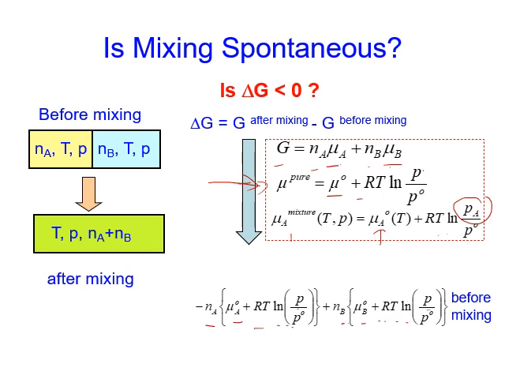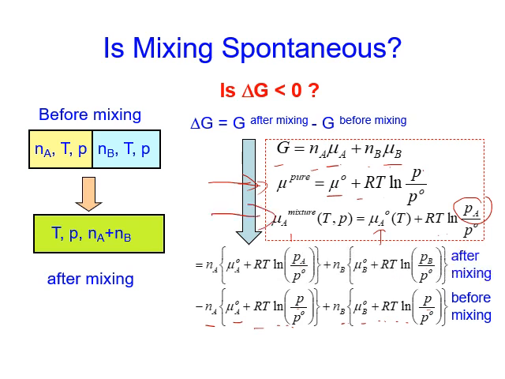Now, after mixing, it's a mixture, so we are going to use the third equation. The equation looks similar, but the pressure is the partial pressure of A and the partial pressure of B. So you take the chemical potentials after mixing minus before mixing. By doing that, you will see that all the standard state terms cancel each other.